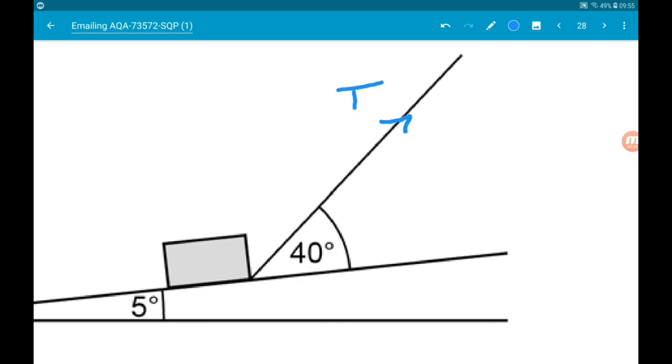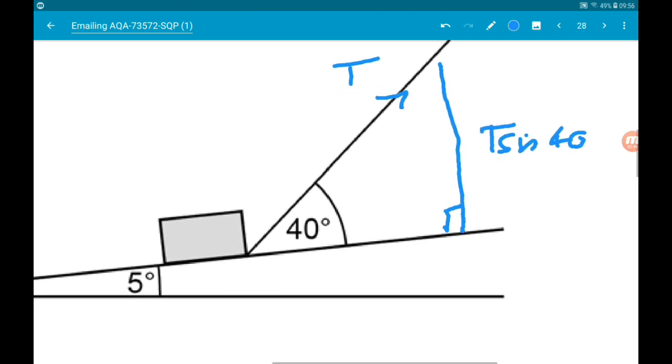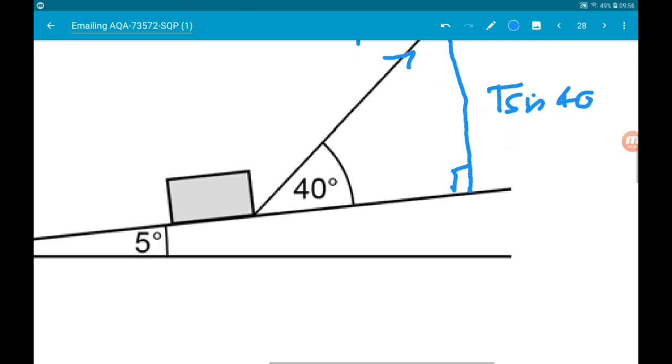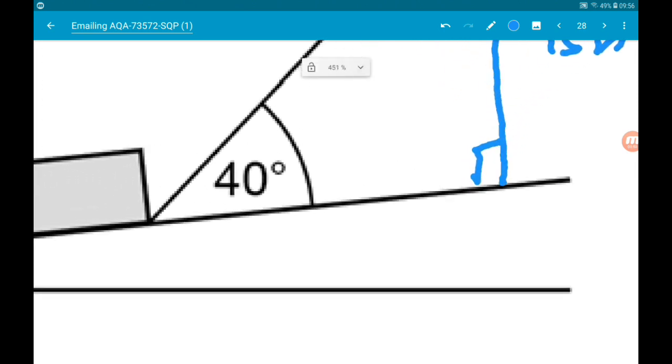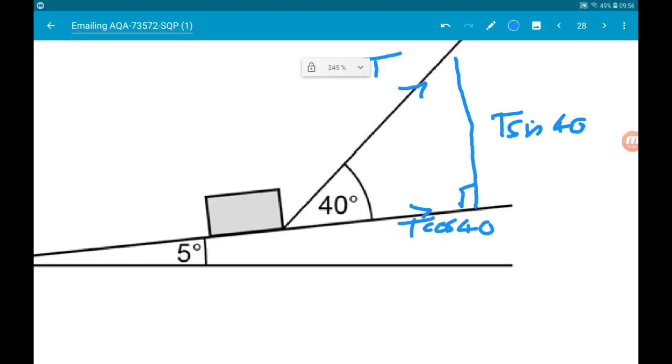Now if we break that into its component parts, just like we did in part 8, we know the vertical component, or the perpendicular component to the board, I should say, is T sine 40, and then we know the horizontal component to the board is T cos of 40. So that's what's going on there.